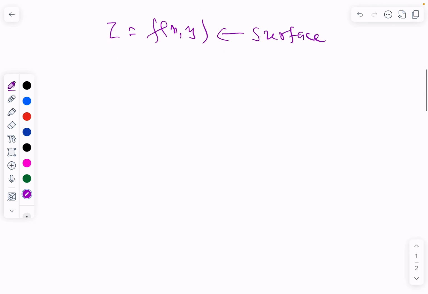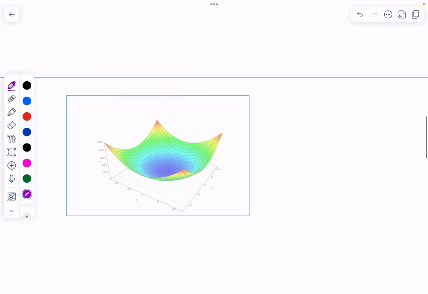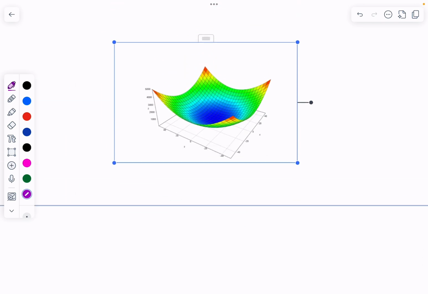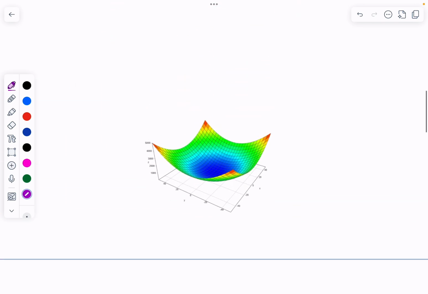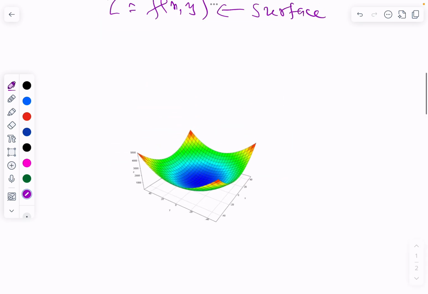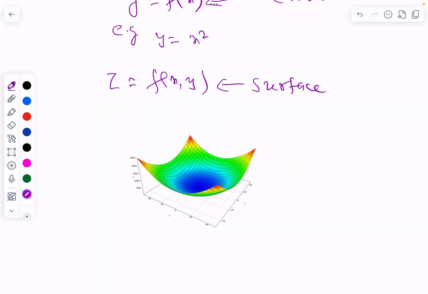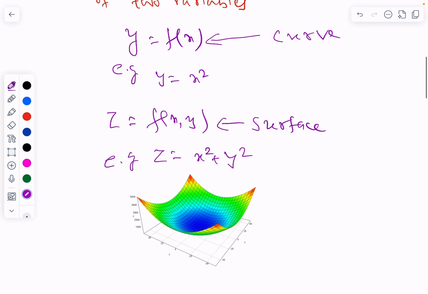Like you have, this is a function of two variables. Like this function is z equal to x square plus y square. So this is a surface, z equal to x square plus y square.